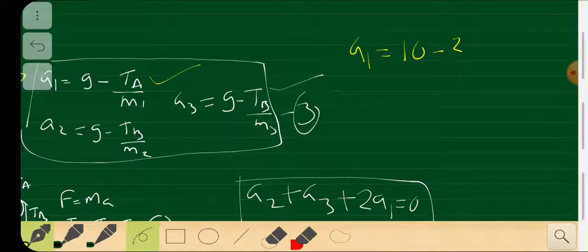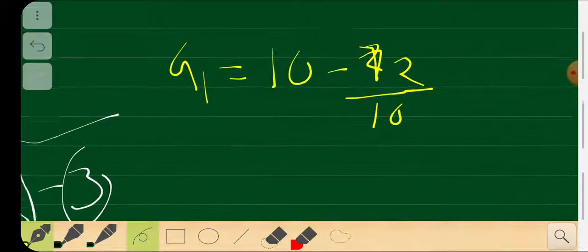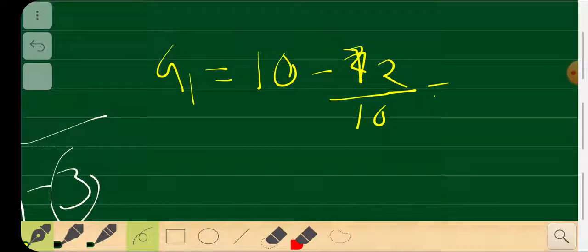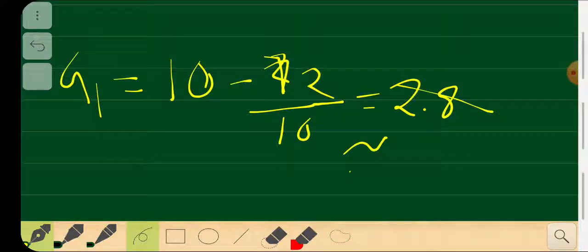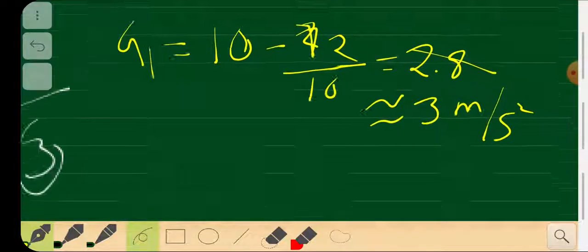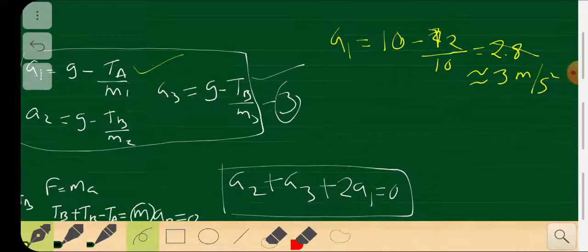So 72 by 10. So that will be around 10 minus 7.2, around 2.8 or something like 3 meter per second square. That's the acceleration of A1. You can calculate the exact value because you can use a calculator.